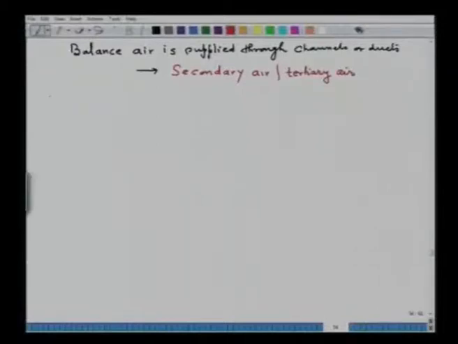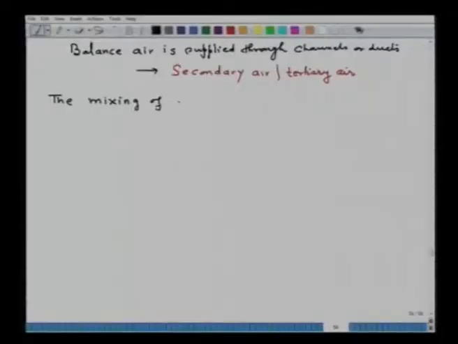So, in the diffusion flame, the mixing of fuel and air is very important, because this mixing will occur in the furnace. The primary air constitutes around 30 to 40% of the total air, and the rest of the air you are supplying in the furnace. The air supplied in the furnace must be well mixed with the mixture of primary air plus fuel, and then the combustion will occur.